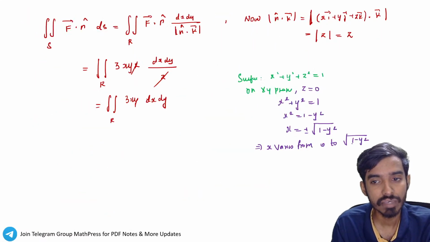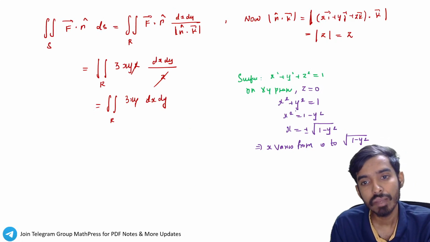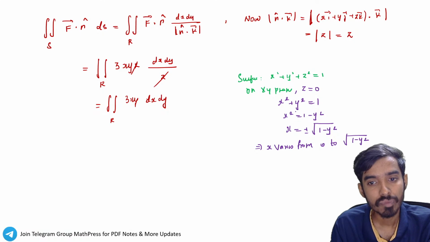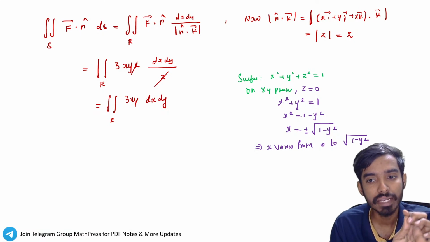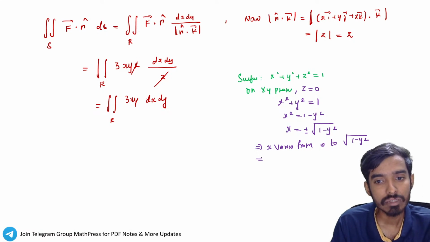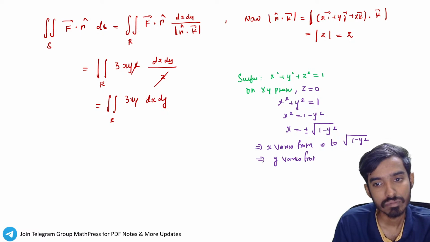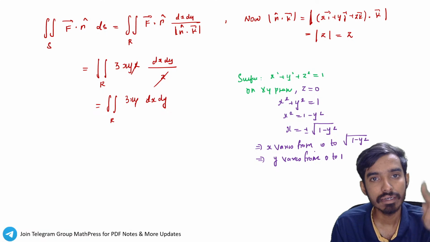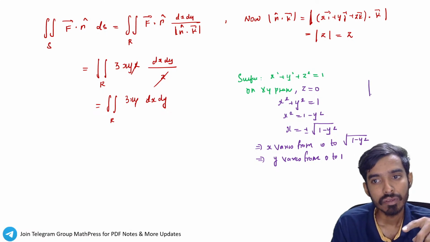So x varies from 0 to root of 1 minus y square. If you are choosing one as a variable, you need to choose the others as numbers. Y varies from 0 to 1, because it's a circle with center 0 0, radius 1.